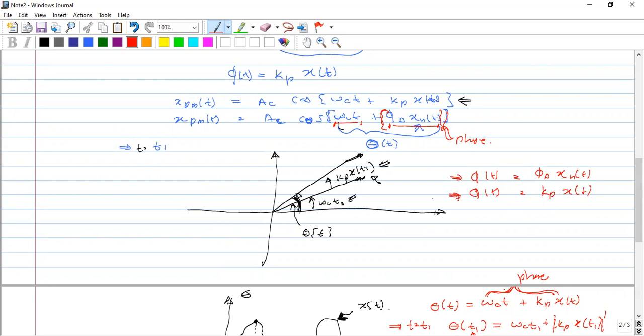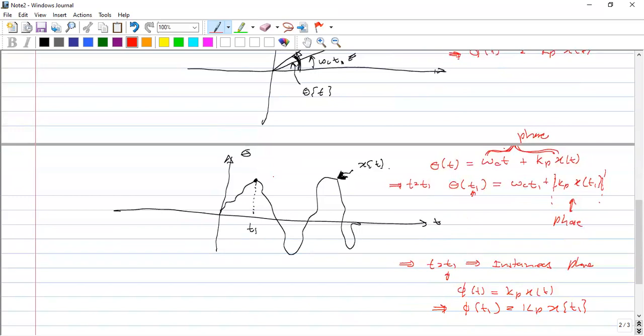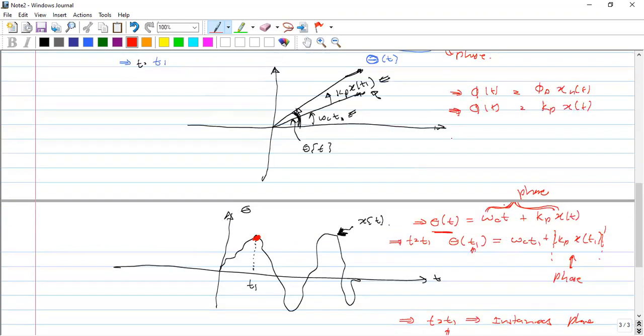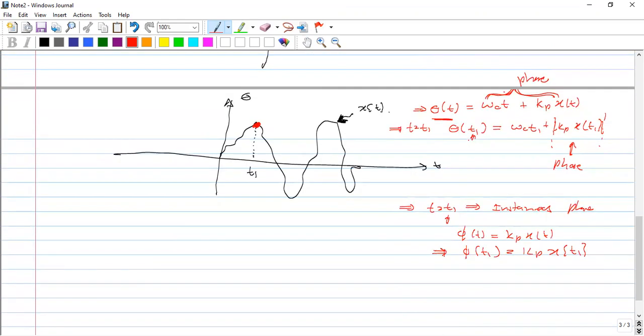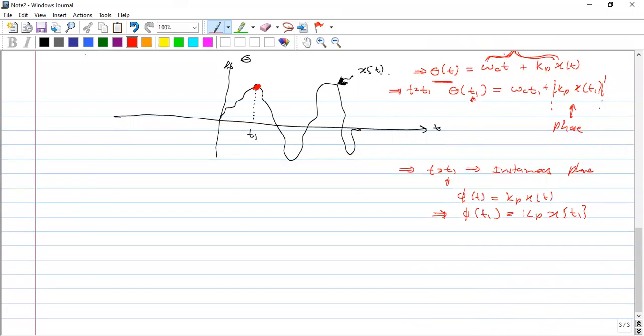And here we have the instantaneous total angle. So this theta is the total angle, and this phi is the phase. I will write it here again. If you want to find the total angle theta, then it is equal to omega c t plus kp x t.